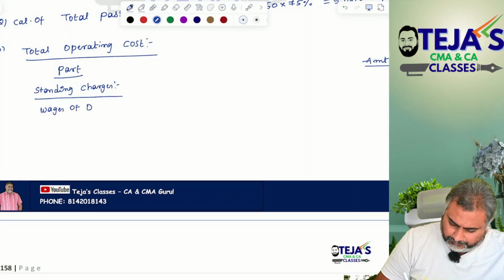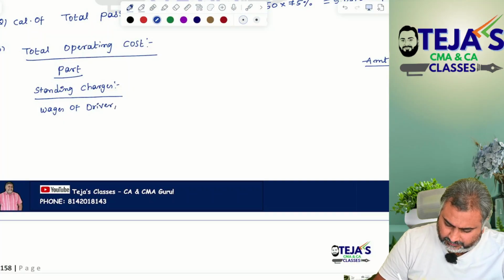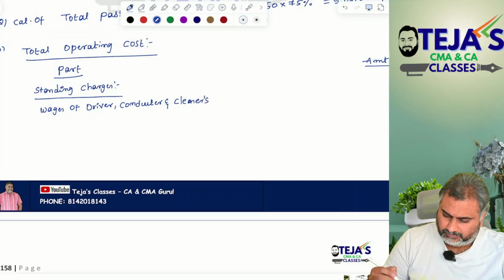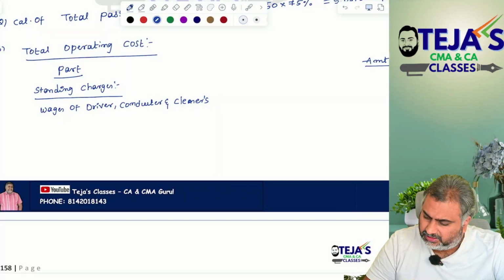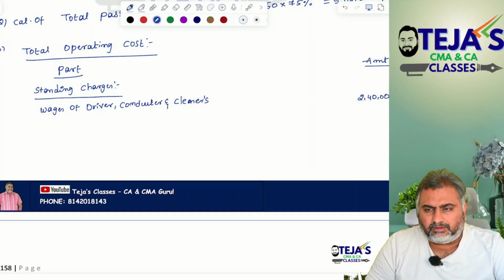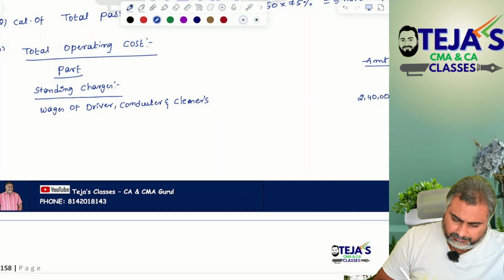Wages of driver, conductor and cleaner. How much is given in the question? 2,40,000. First write down all the standing charges.